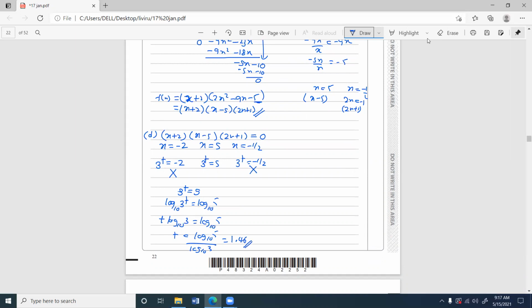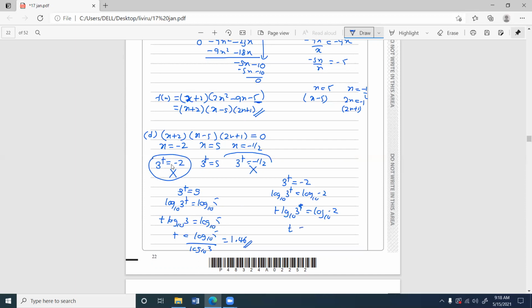Then let's see whether the same technique works for either of these two. I'll just use this one and show whether this is happening or not. 3 to the power t equals minus 2. Log 10 of 3 to the power t equals log 10 of minus 2. Therefore, t times log 10 of 3 equals log 10 of minus 2.